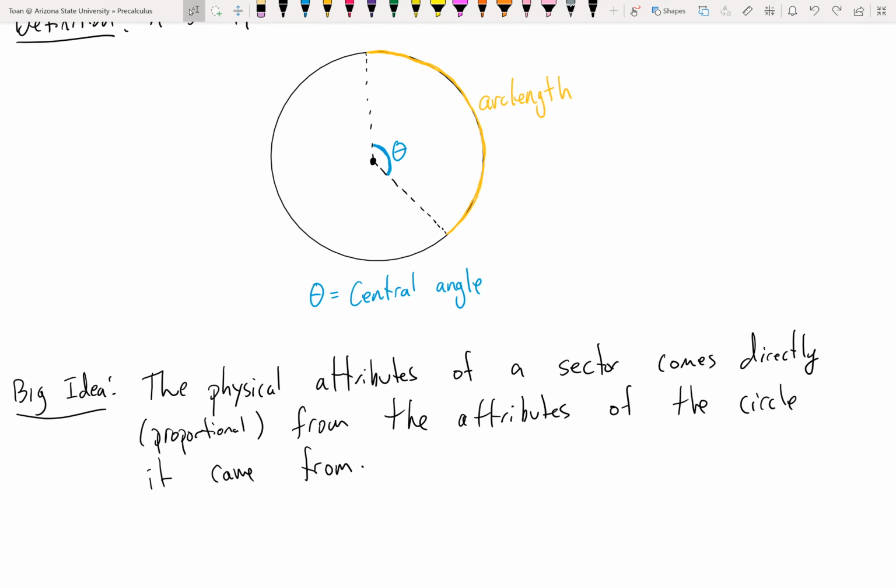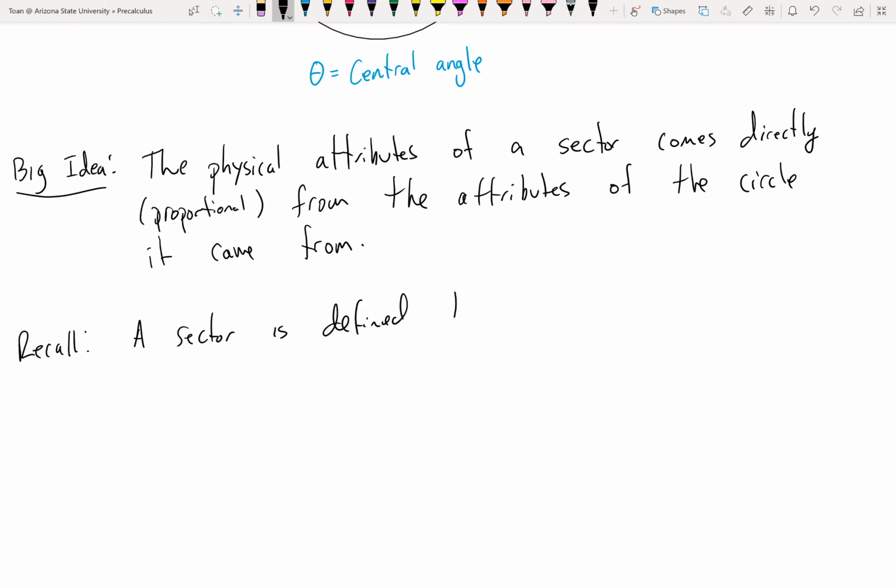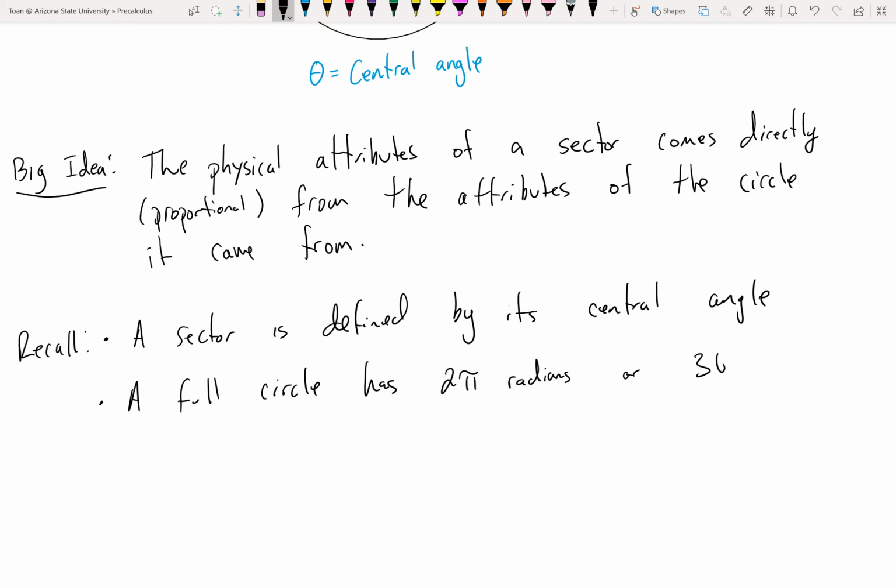So it's not that hard to calculate the area and arc length of a sector, but we have to figure out how to calculate the proportion that the sector takes. Well, here's a couple of ideas. Recall, a sector is defined by its central angle. A full circle has 2 pi radians, or 360 degrees.